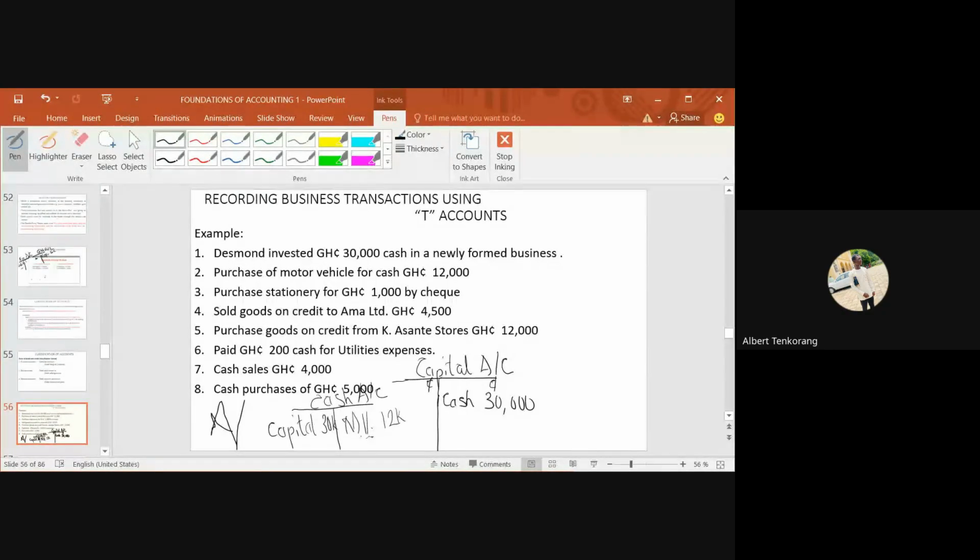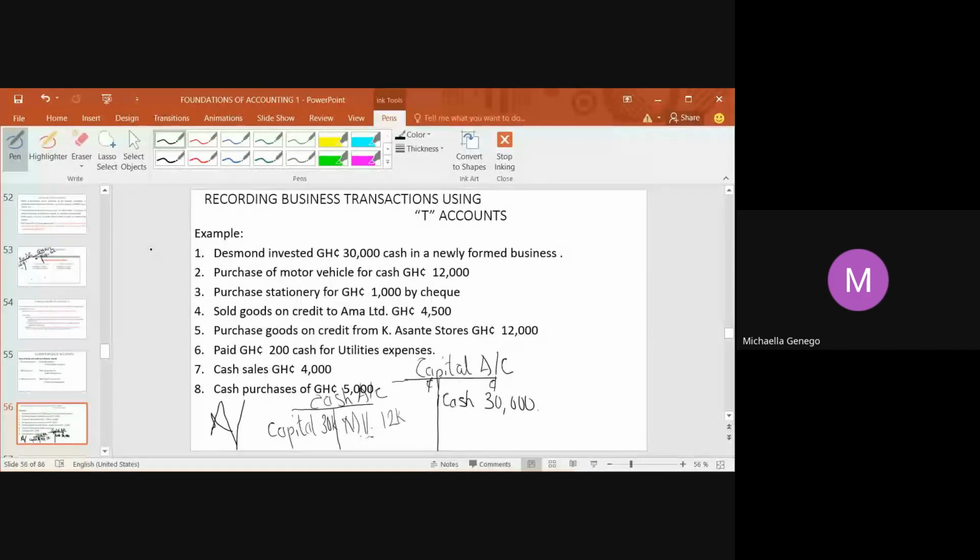Because we used cash to purchase the goods. So we'll debit purchases and then we'll credit cash. Yes, please.